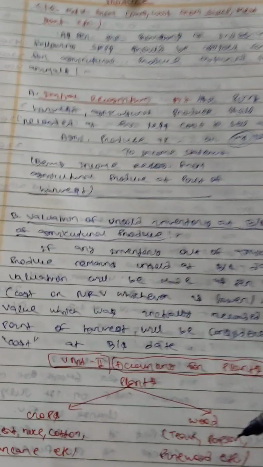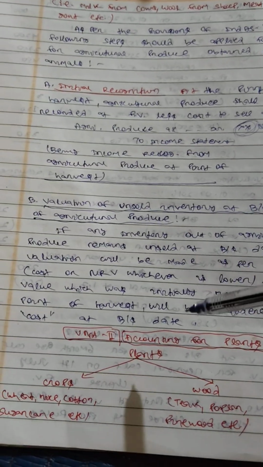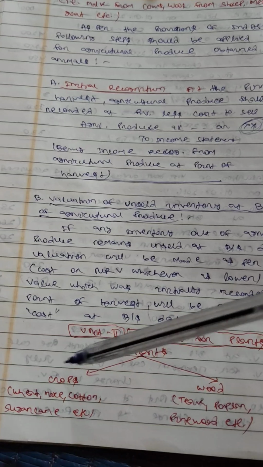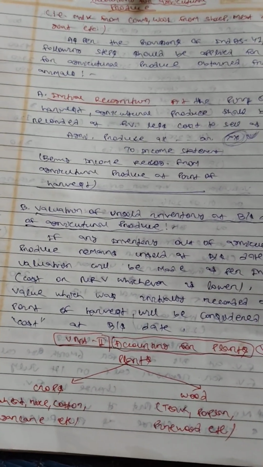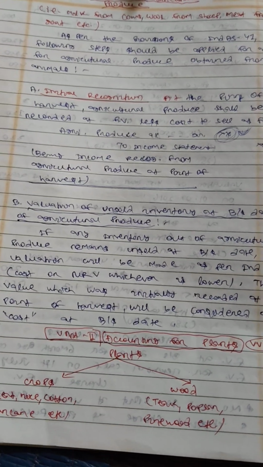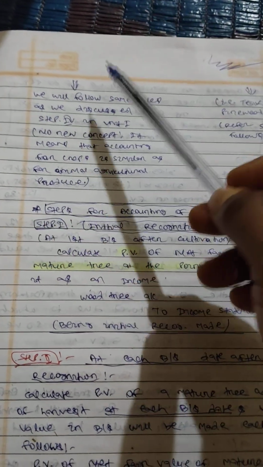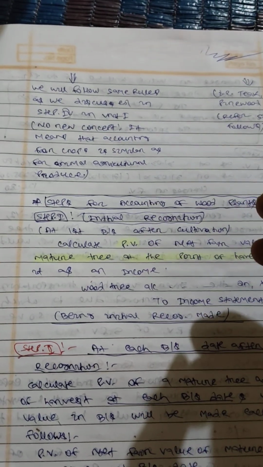Then accounting for plants. Plants include crops and wood. Crops means wheat, rice, cotton, sugarcane, etc. Wood means stick crop, pine wood, etc. We will follow the same rules as discussed in step 4 in unit 1.